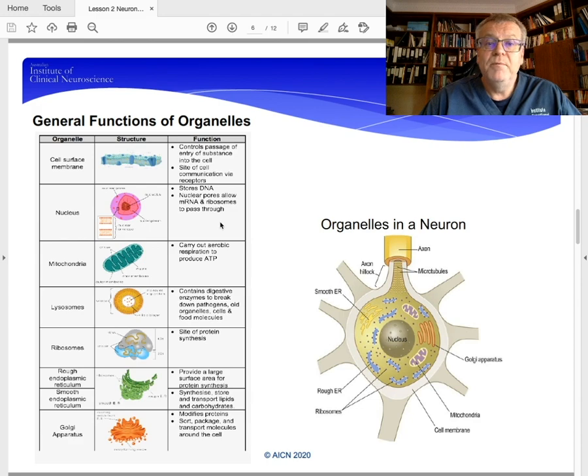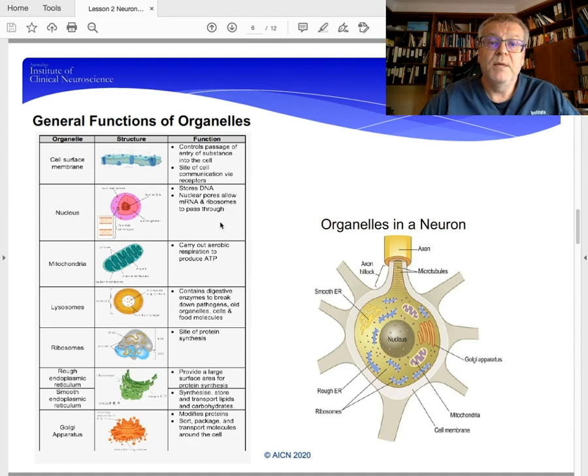Now, there are two different types of endoplasmic reticulum. One type, which is called rough endoplasmic reticulum, actually has ribosomes intimately attached to it, and is involved with producing proteins that need to be inside another membrane as they're produced.